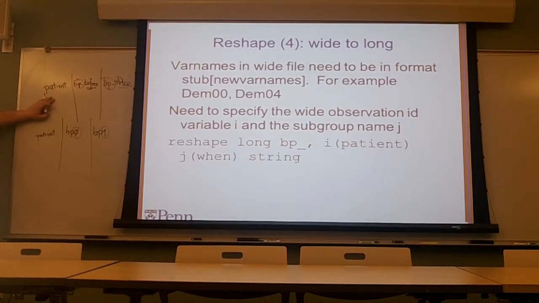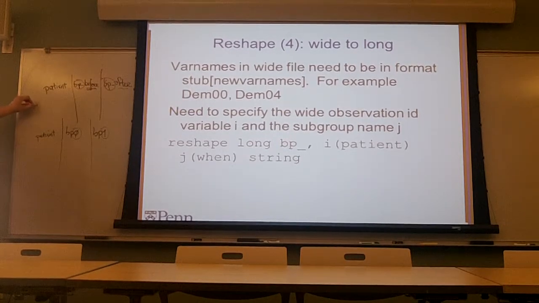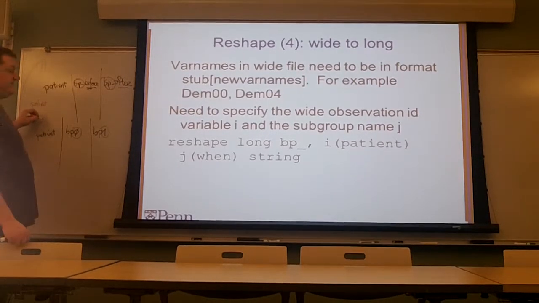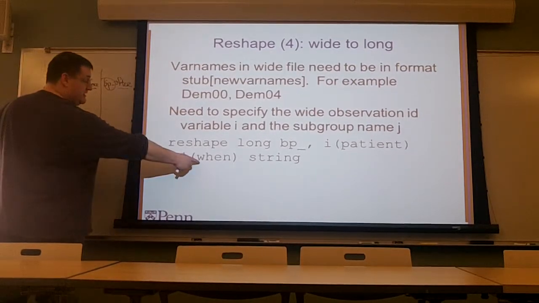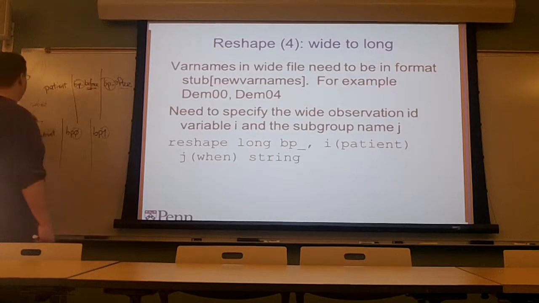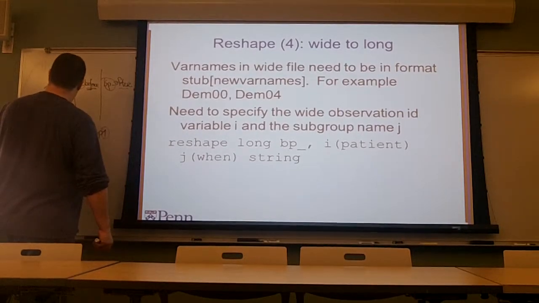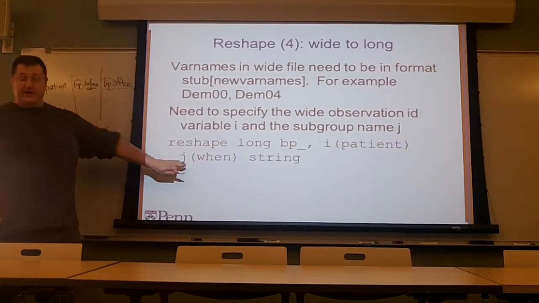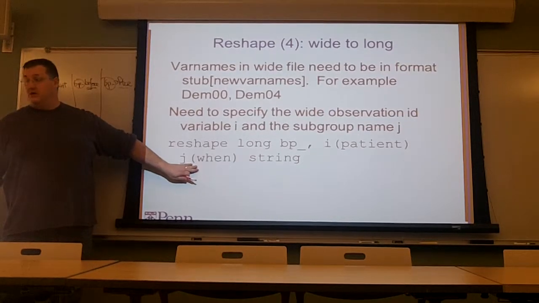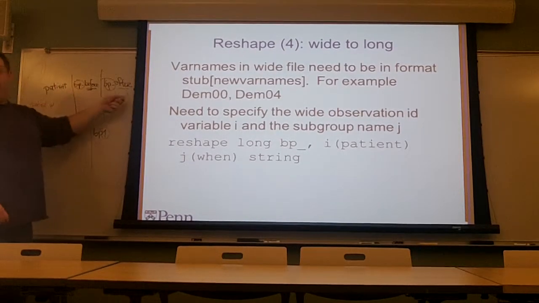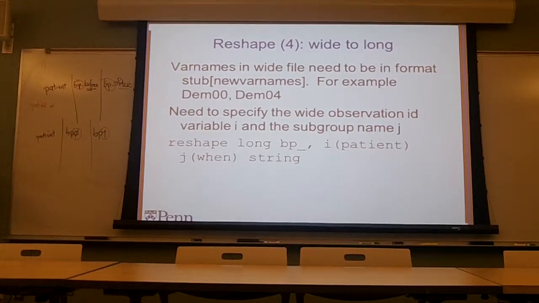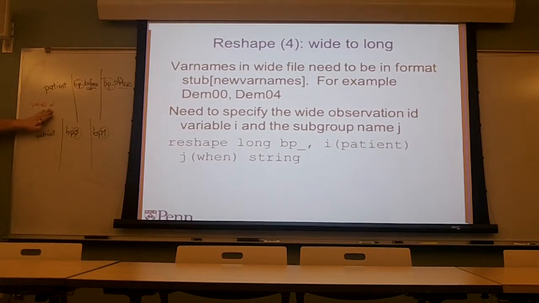So it's going to create a data set that's going to be patient, and then it'll have a variable called when. Okay? What is the j? The j, it's going to create a new variable. So instead of having before and after, it's going to create a new variable called when.